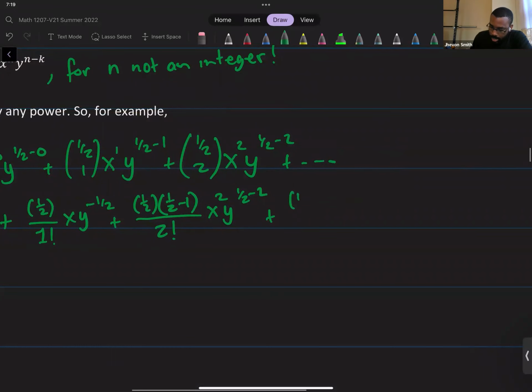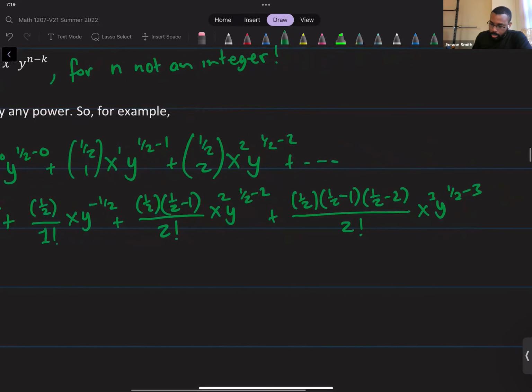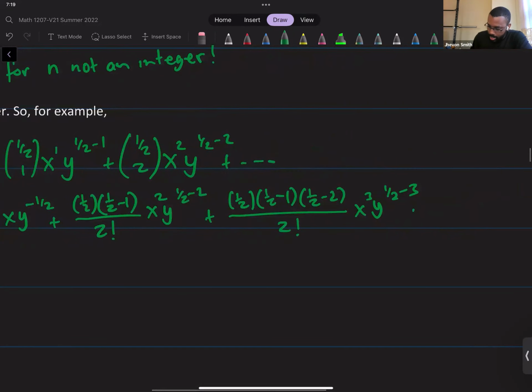Then it's going to be a half times a half minus 1 times a half minus 2 over 3 factorial. So it's a half minus 0, a half minus 1, a half minus 2. Okay, right. And this pattern actually repeats.